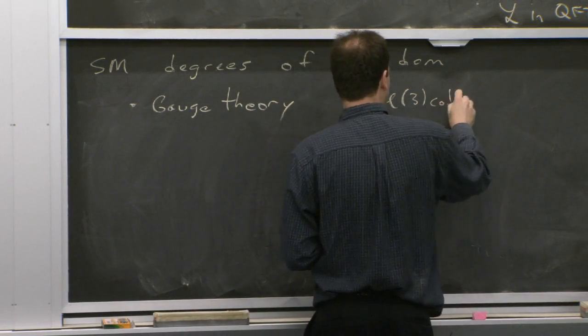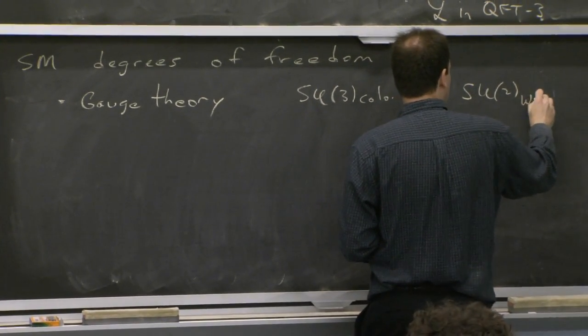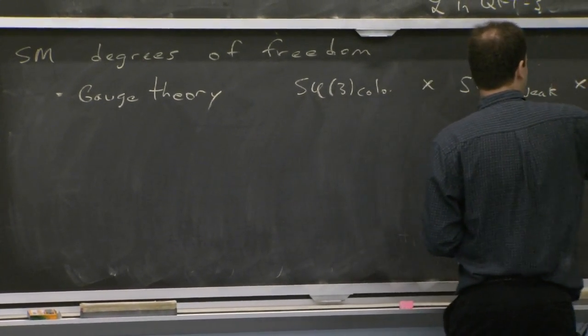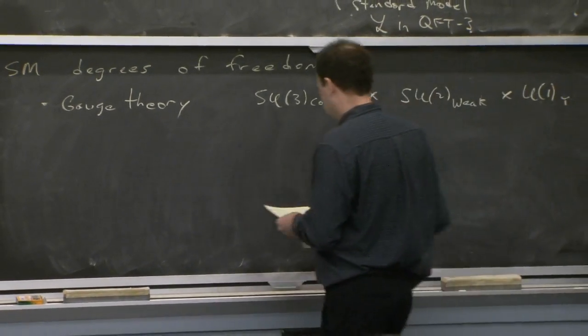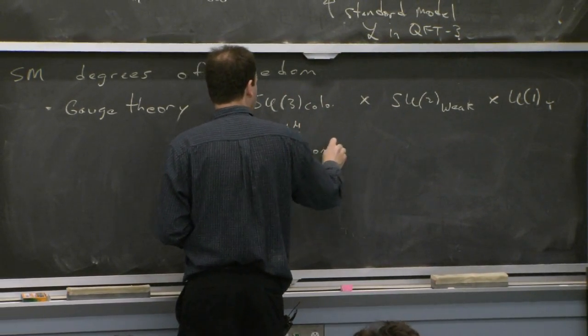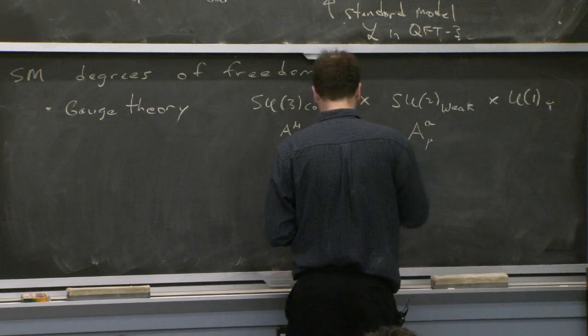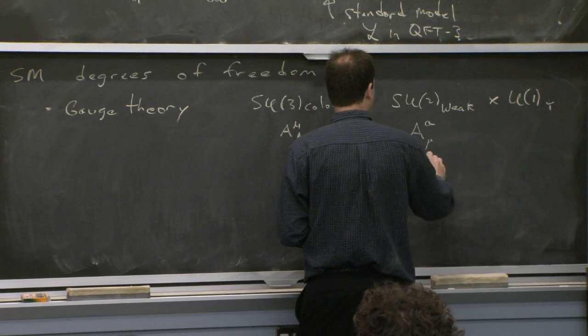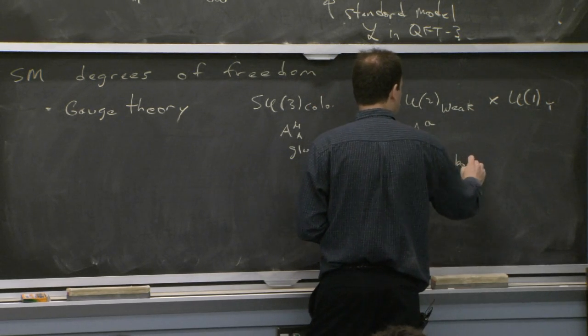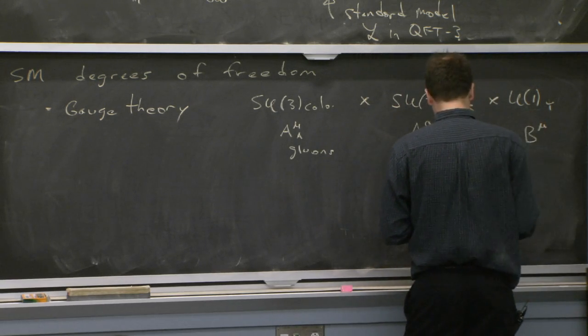So we have color, cross SU(2) weak, cross the U(1) of hypercharge. And so we have 8 gluons here, 3 weak bosons here, and 1 guy here.